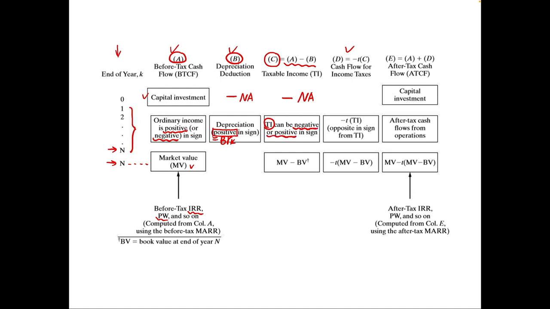And then don't forget about the very last row, which is about the market value. This is going to be the market value minus the book value. And then we need to think about the income tax, column D. Column D is minus T times C, where T is the effective tax rate.